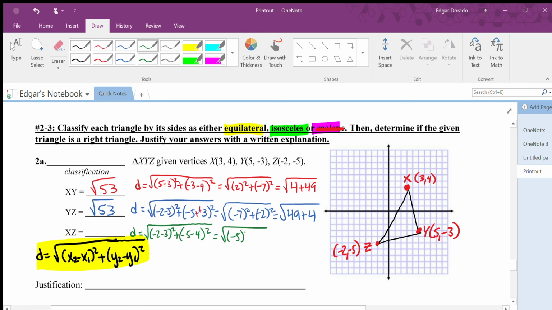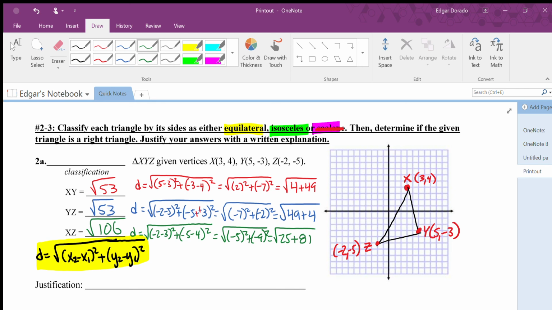This was negative 5 squared plus negative 9 squared. 25 plus 81. This is the square root of 106. So I apologize for that. I realized I did that work at the top, but I just brought it down. So don't redo it if you had to go further in the video and watch what I really got.